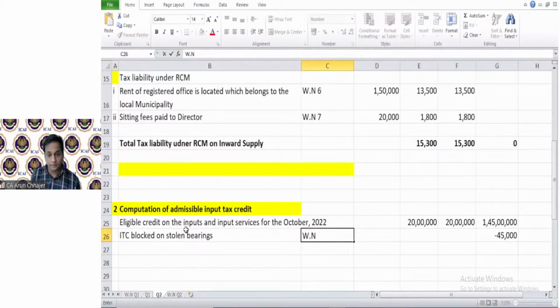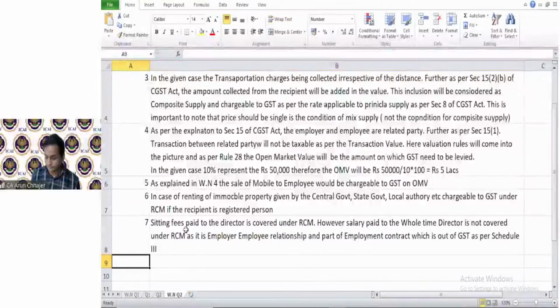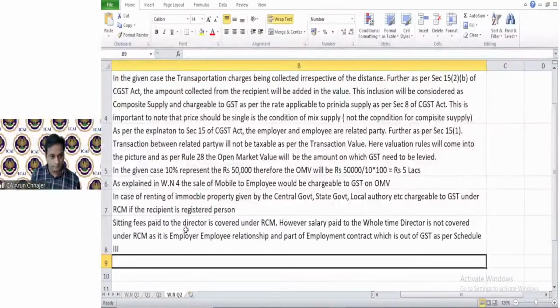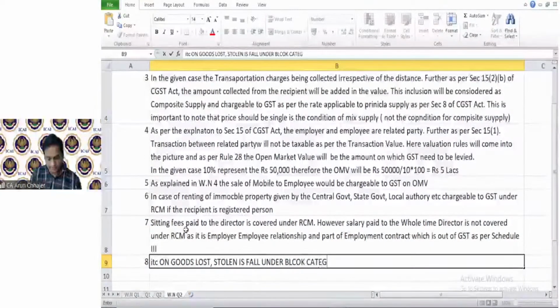Working note number 8. Simply what we can write: ITC on goods lost, stolen falls under the block category as per section 17 subsection 5 clause H of the CGST Act.